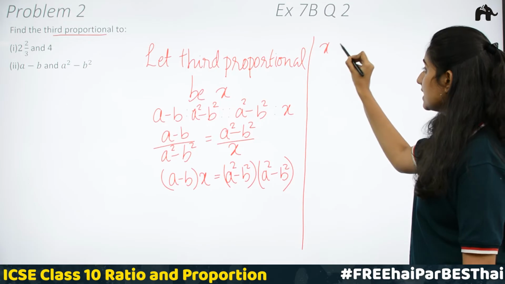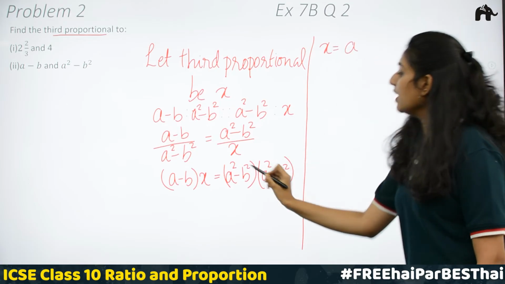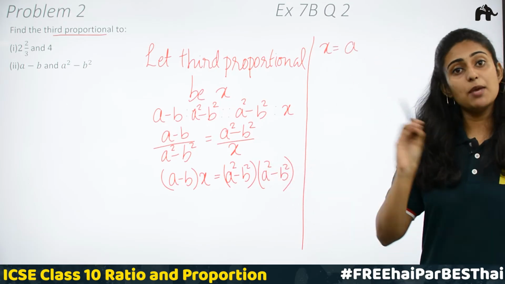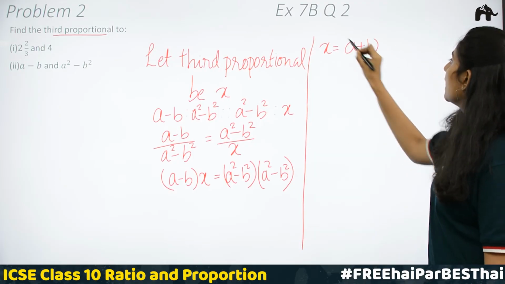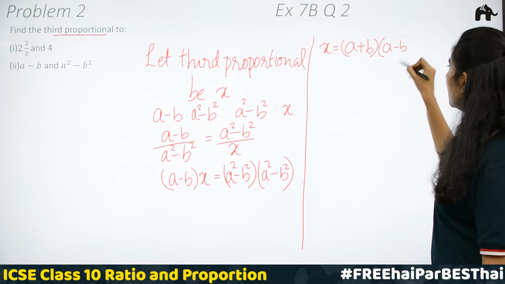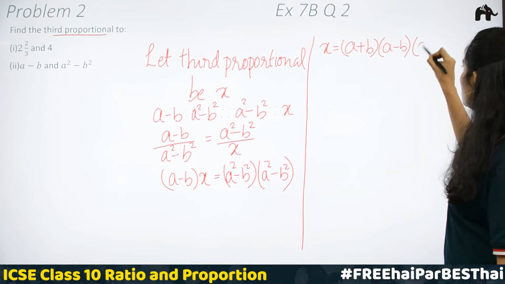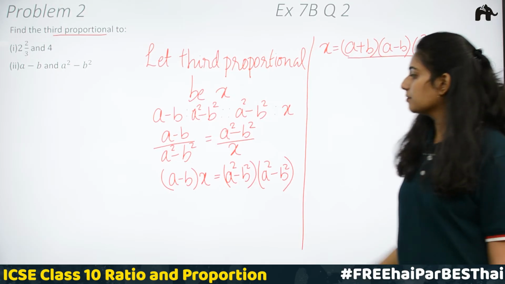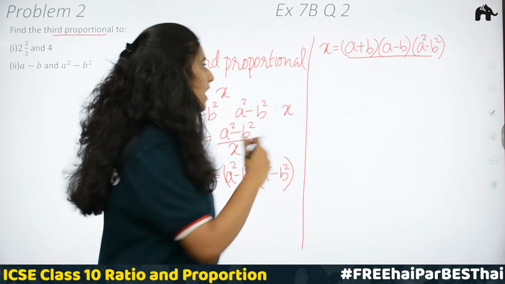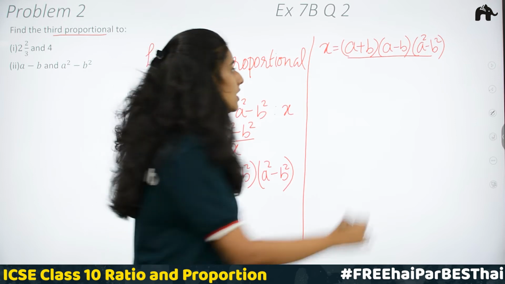Therefore, x is equal to a square minus b square into a square minus b square divided by a minus b, where a square minus b square can be written as a plus b into a minus b, an algebraic formula. Here we have an a minus b, taking it to the opposite side becomes division.